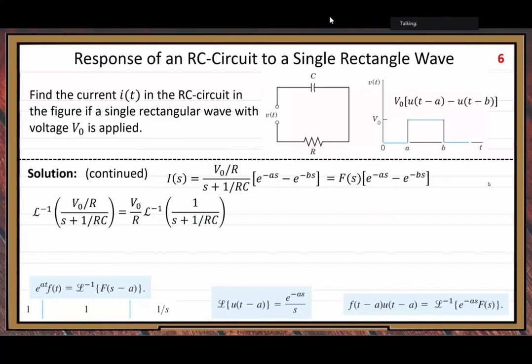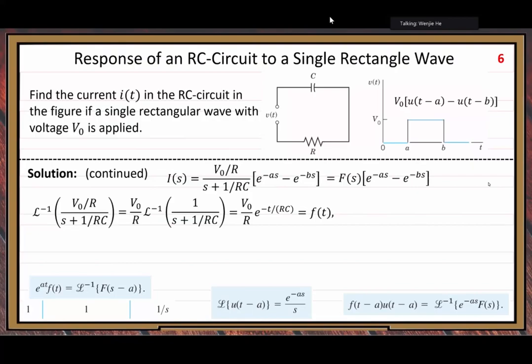Then e to the negative, because A is negative, so the E function exponent is AT, so negative T over capital RC. So this is the little f function. So we get the little f function.